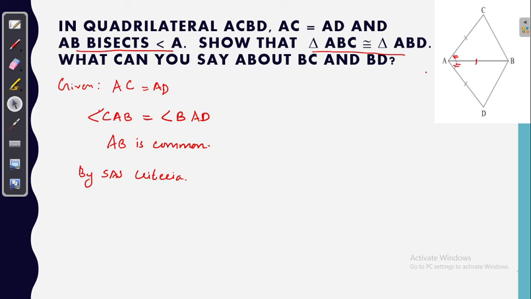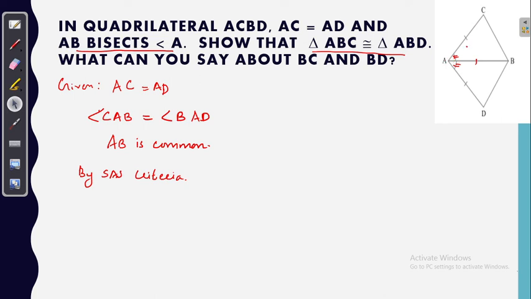So, here we were given that AC and AD are equal and AB is the common side when you consider these two triangles. So, there are two sides which are equal, and now we need to prove that these angles were equal. The condition given is that AB is bisecting angle A. Bisecting means it is making this angle into two equal halves.